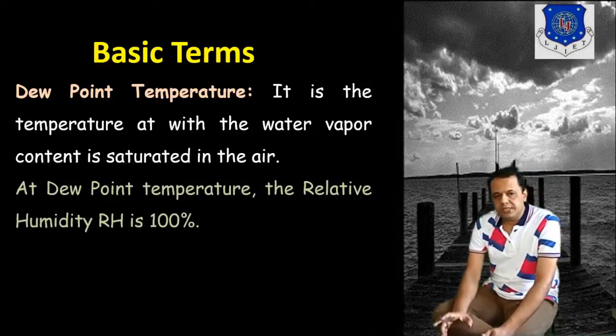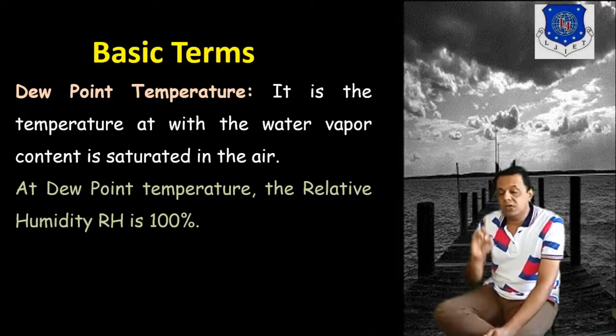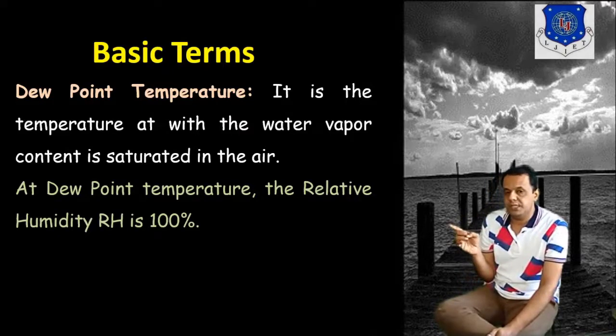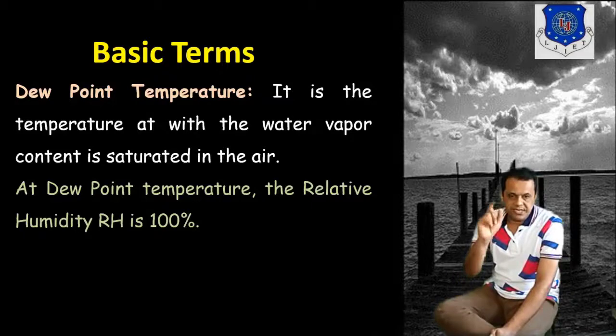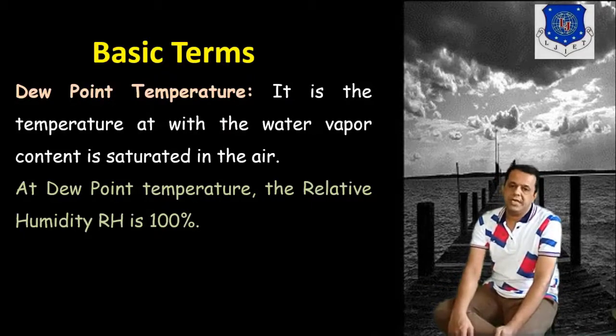And at the dew point temperature, the relative humidity is 100%. Now let us recall what relative humidity is. So that is 100% at the dew point temperature. This will be one of the references that we will be using in the optical type of hygrometer.